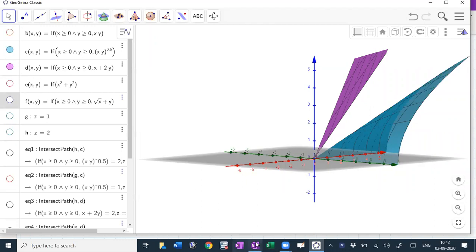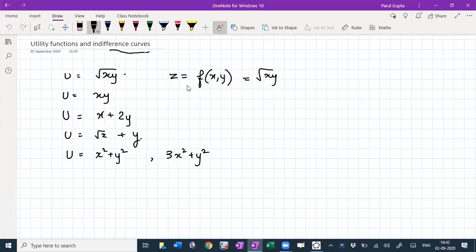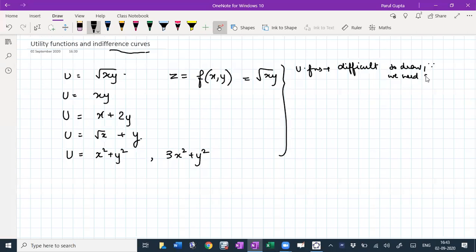From here, we want to motivate the reason why we want to study indifference curves instead of utility functions. Utility functions, we just saw, are difficult to draw by hand because we need a 3-dimensional space to draw them.